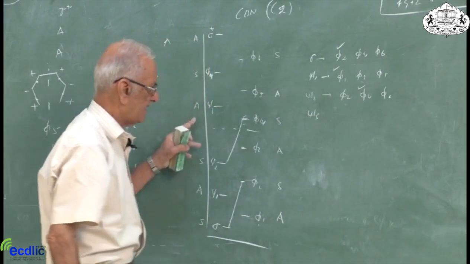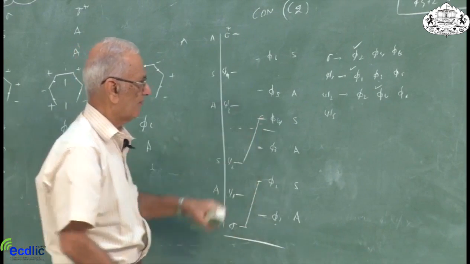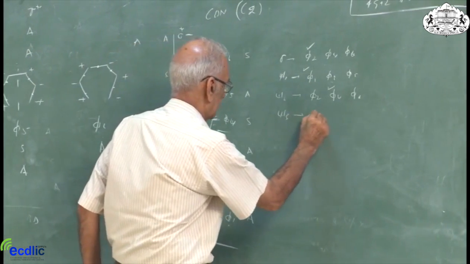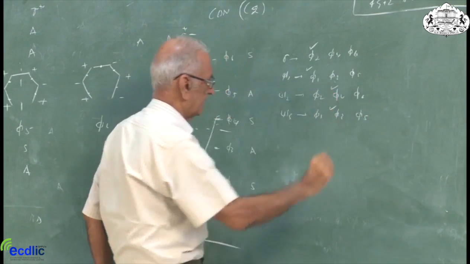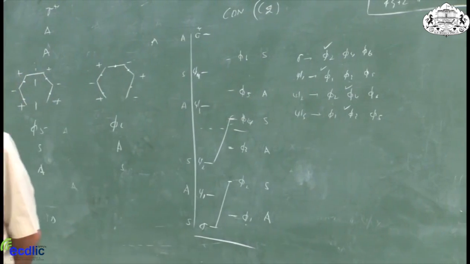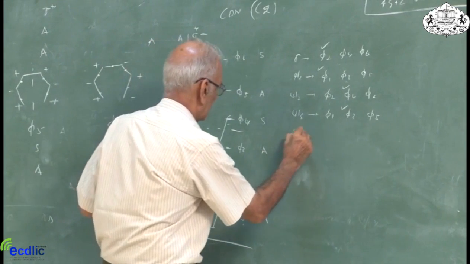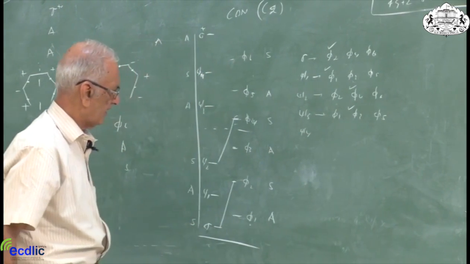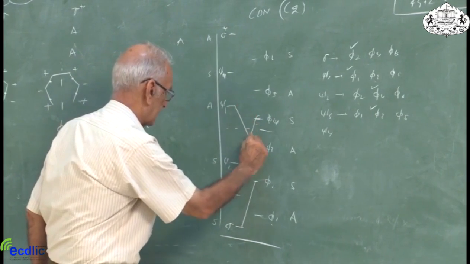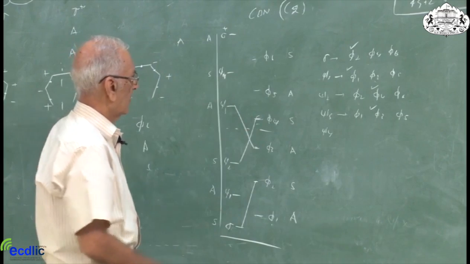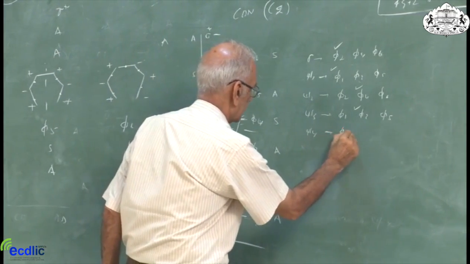Psi 3 is anti-symmetric, so it can go to 1, 3 or 5. 1 is already occupied, therefore, I join it to 3. Psi 4 is symmetric, therefore, it can go to 2, 4 or 6. 2 and 4 are occupied, therefore, I have to join it to 6.